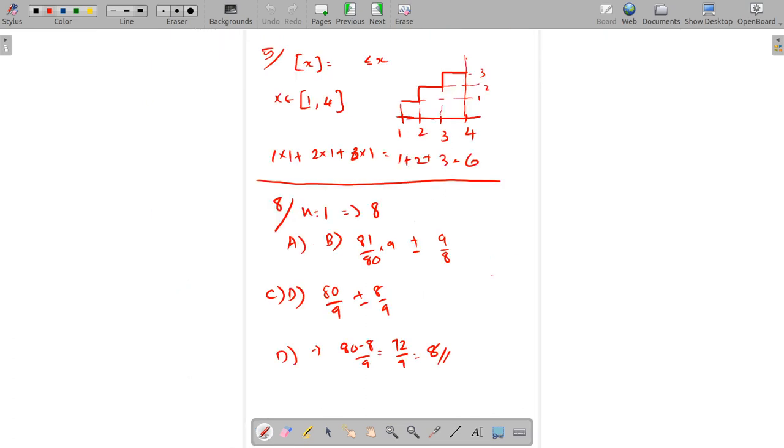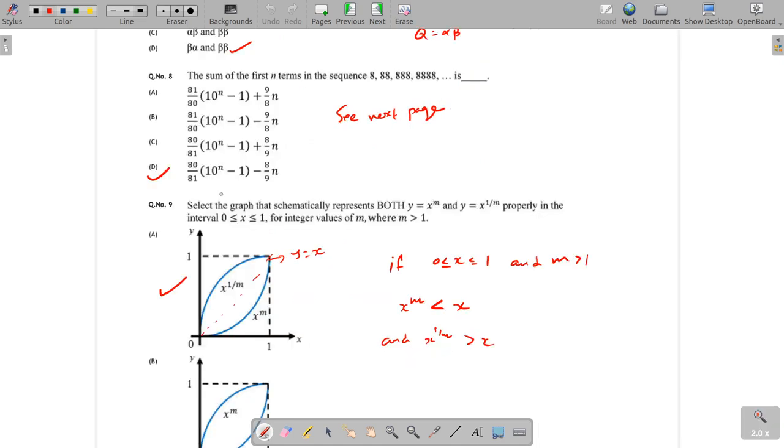The options are already given to you, and the sequence is given. So if n equals 1, you have only one term, it's 8, and if n equals 2, it's 2 terms, 8 and 88.